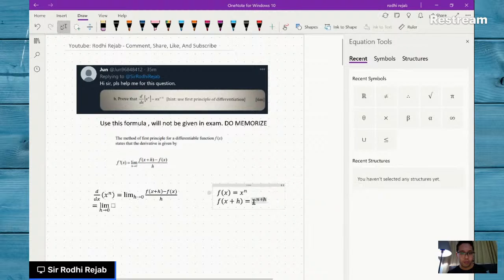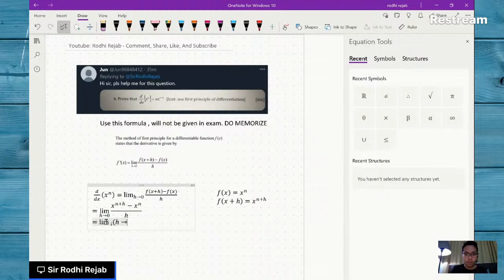Now we substitute. Let's see whether luck is on our side.